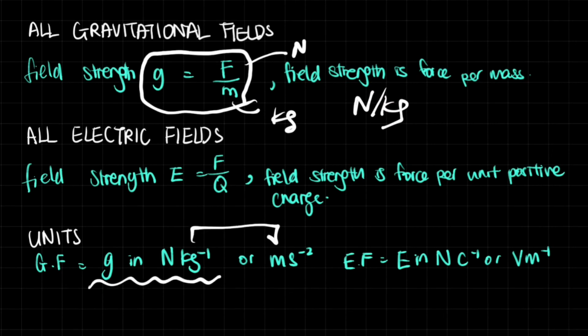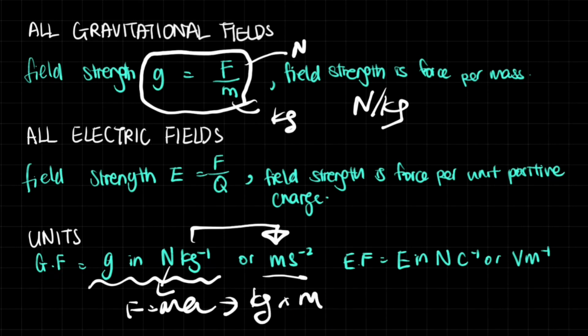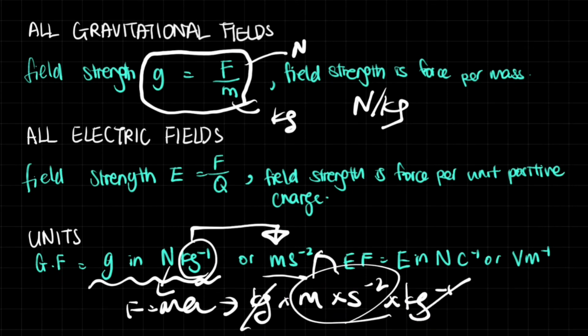This can also be written differently: force is ma, so a newton is kg times m times s to the power of -2. Then we multiply by kg to the power of -1, the kg cancel out, and that's what we get. So the field strength is force per mass.